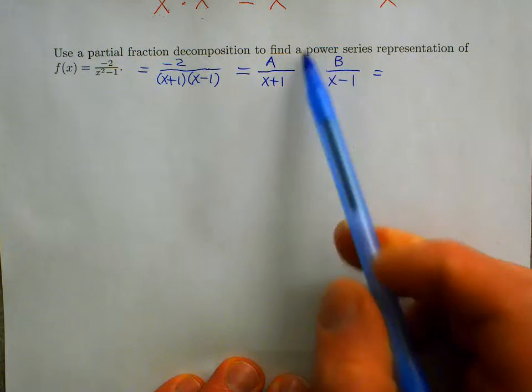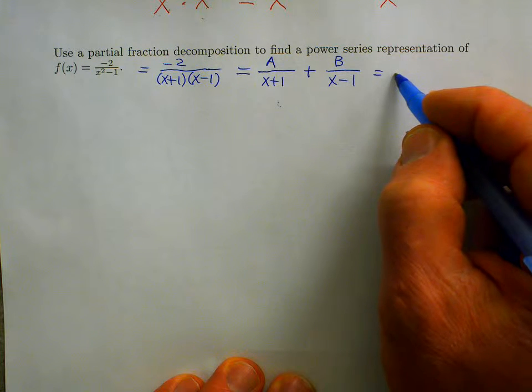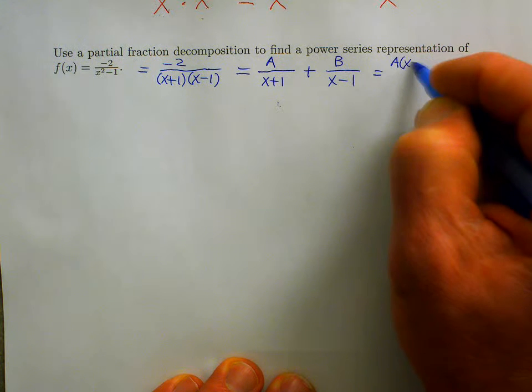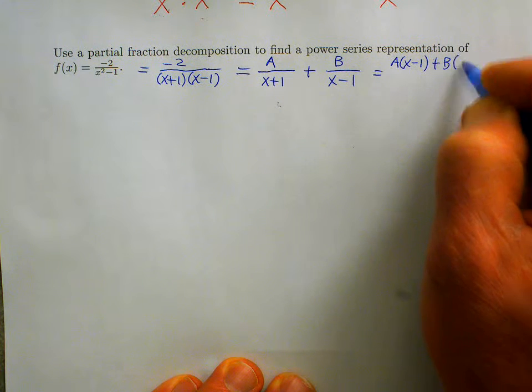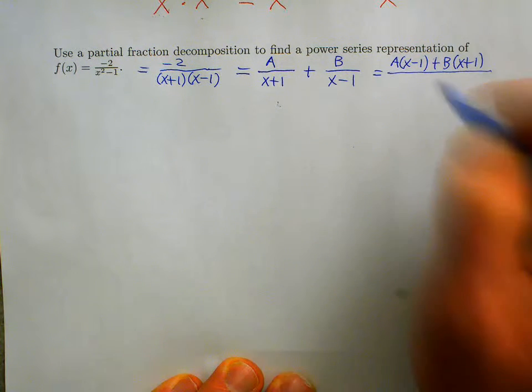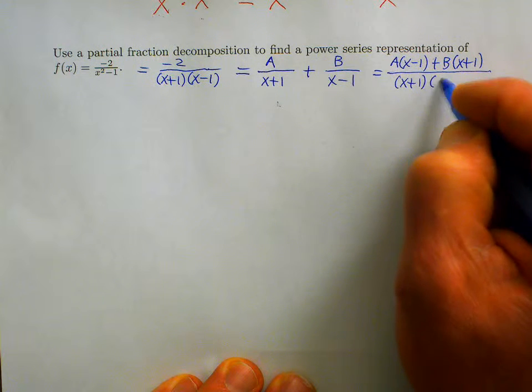Okay, so a over x plus 1 plus b over x minus 1 is a times the quantity x minus 1 plus b times the quantity x plus 1, all over x plus 1 times x minus 1.